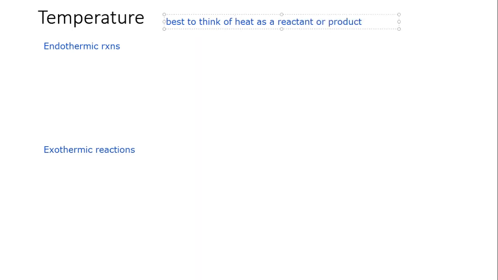So for endothermic reactions, let's say we have A plus B gives us C. Endothermic, heat is a reactant because you absorb heat. Exothermic reactions, heat is a product: A plus B gives C plus heat.